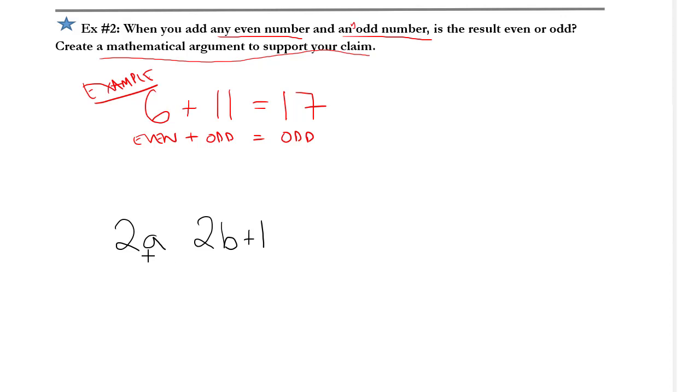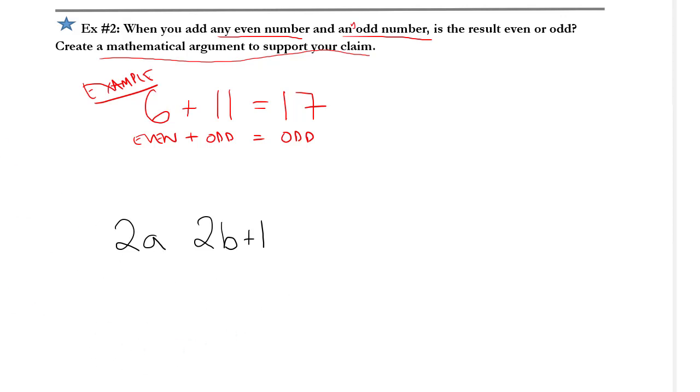And again, this a and the b, these are variables. I could just as easily have said an even number is 2x and an odd number is 2y plus 1. These variables are just a placeholder for any other natural number, any other whole number. Just want to highlight that before we move on.